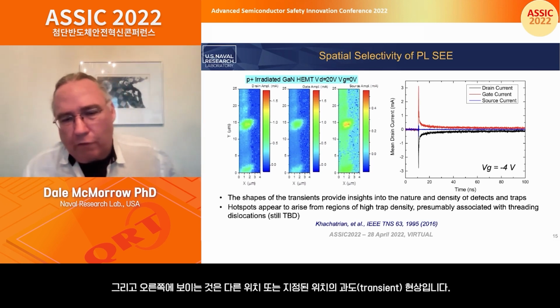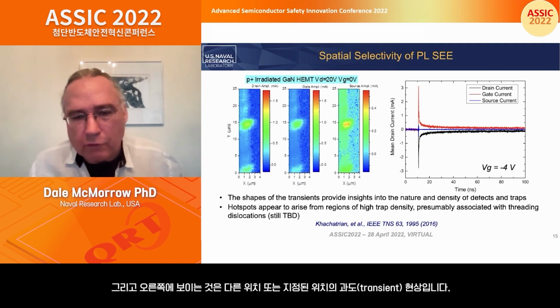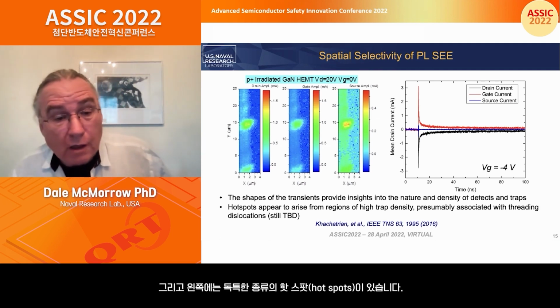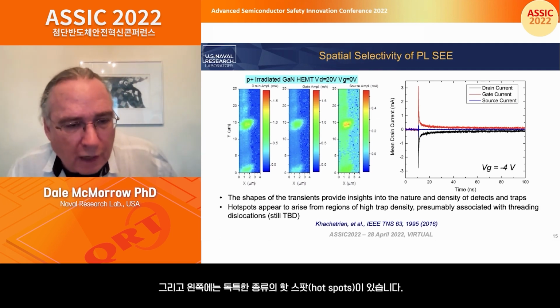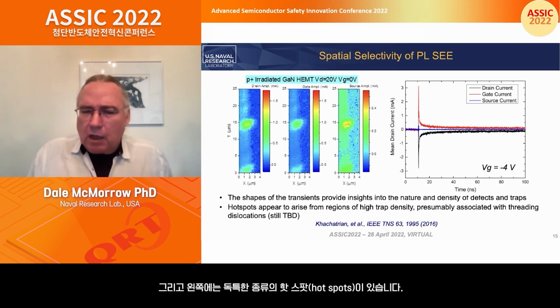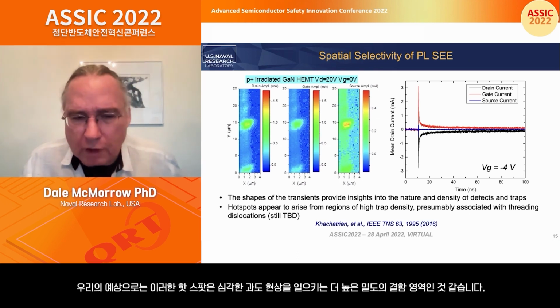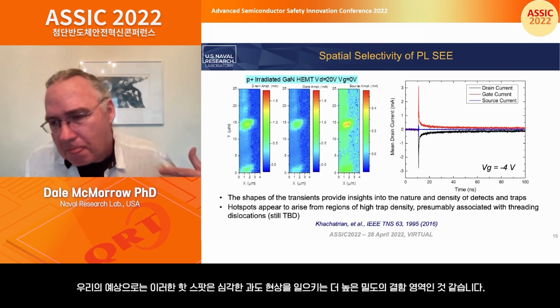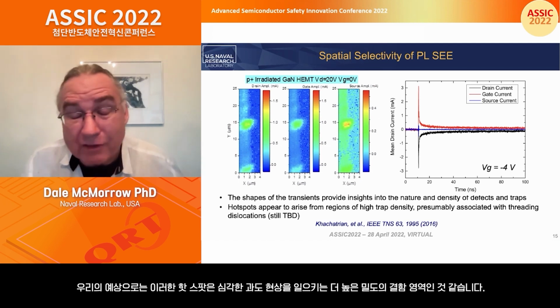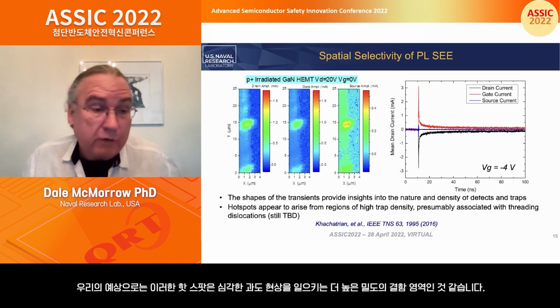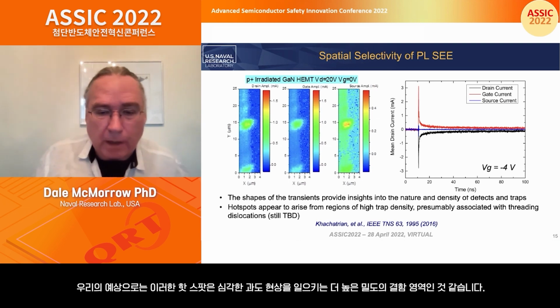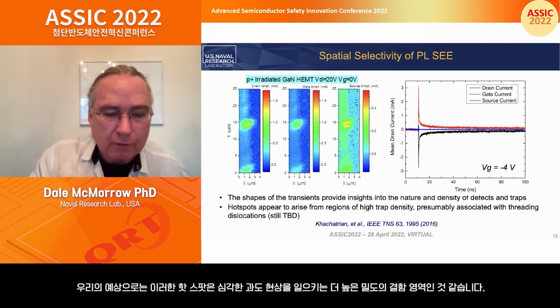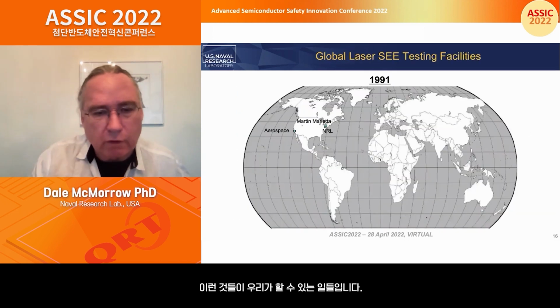And what you see on the right are transients at different locations, or transients at a given location. And on the left, you see these hotspots that are kind of unique. And we're still trying to fully understand them, but it seems to be areas of higher density of defects that's giving rise to these hotspots and giving rise to larger transients. Okay, that's the type of stuff we can do.